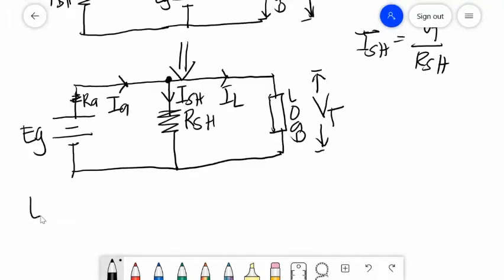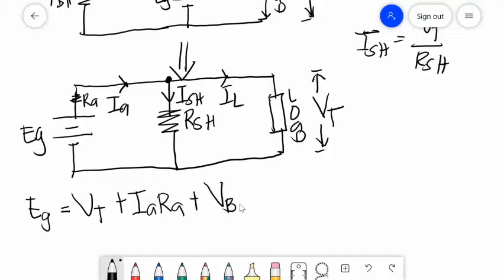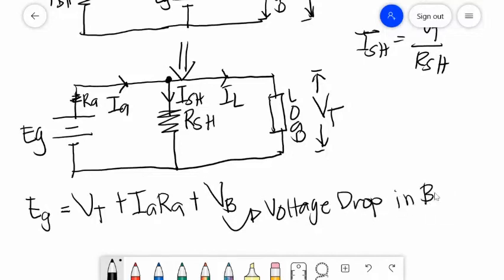EG will now be equal to the terminal voltage plus the drop in resistance plus the drop in the brush. This is the voltage drop in the brush.